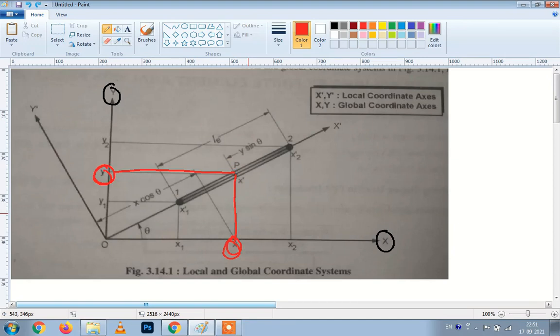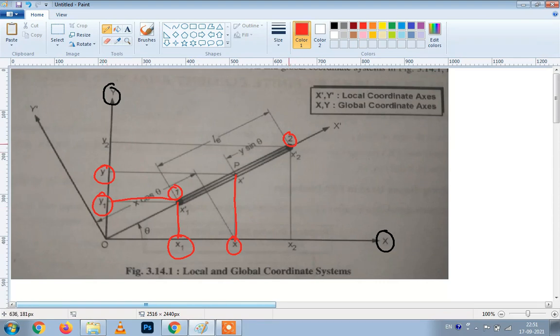Similarly, here is x1 dash, the local coordinate of node 1. This is a 2 node element, this is node number 1 and this is node number 2. The coordinates of node number 1 in the global coordinate system are x1, y1.